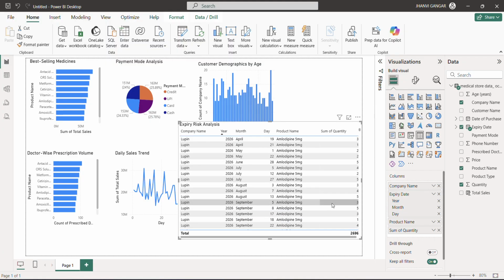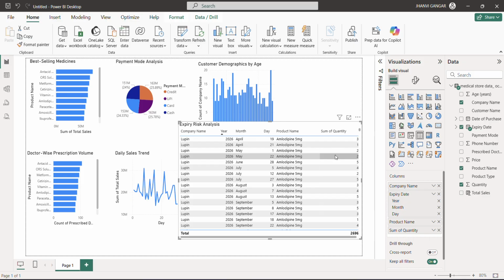So this will help in evaluating the expiry. And if the customer is repetitive, maybe a pharmacist can remind them that their product is about to expire or finish off so that they can purchase a new one and not go without using that product.